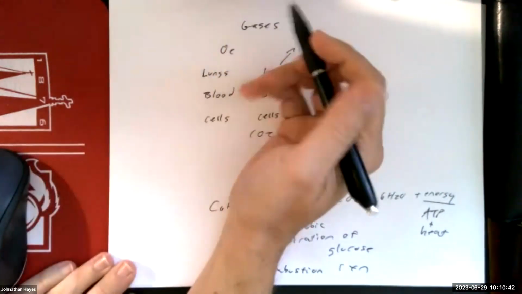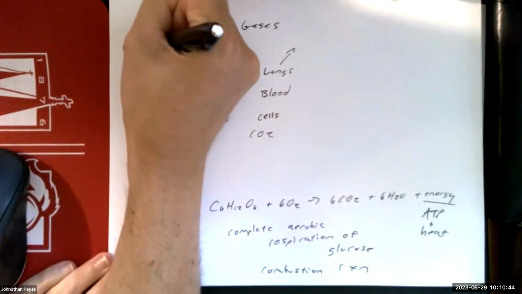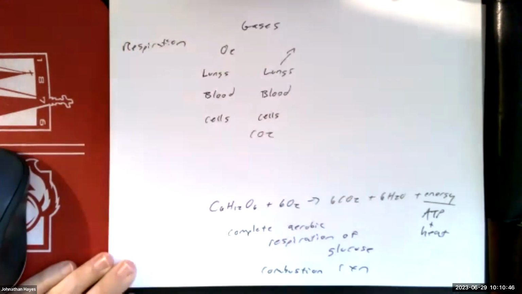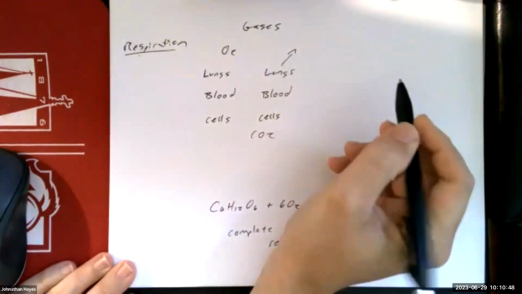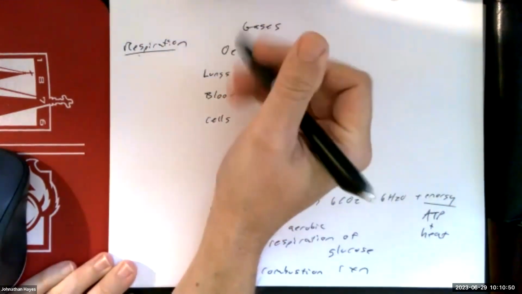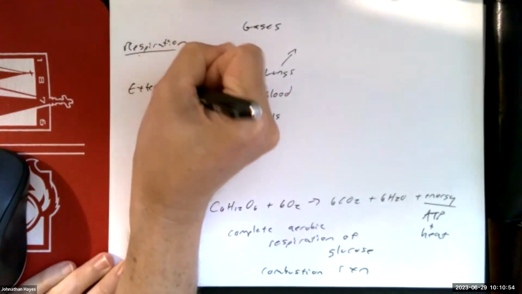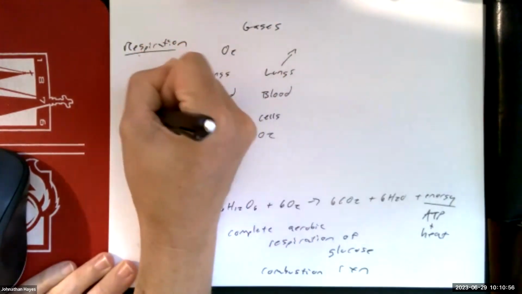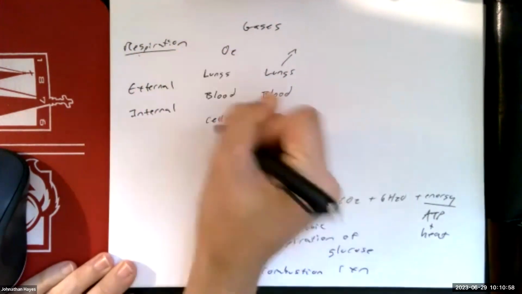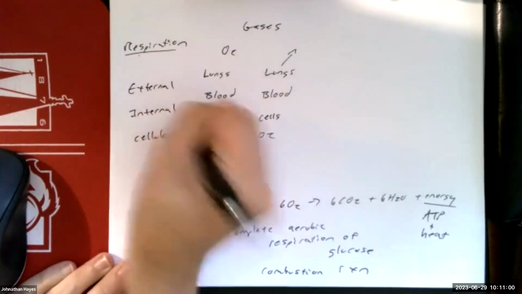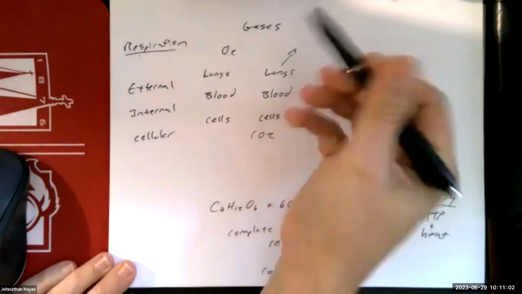But when you get into the terms of respiration, which basically this whole page is talking about respiration right now, you can break it down into 3 parts. So as I'm going from like lungs to blood, that's what's called external respiration. If I'm going from blood to cells, that's called internal respiration. And when I'm in the cells, that's called cellular respiration. And then it just flips, right?